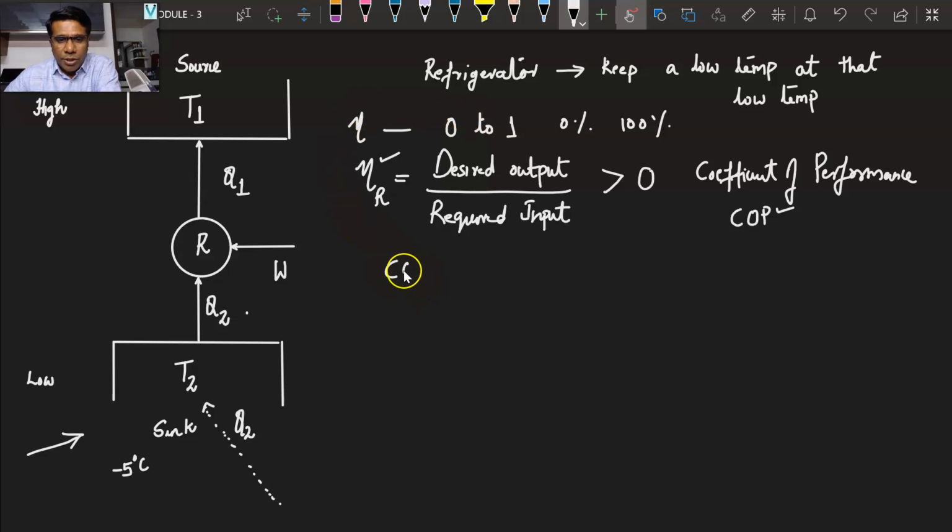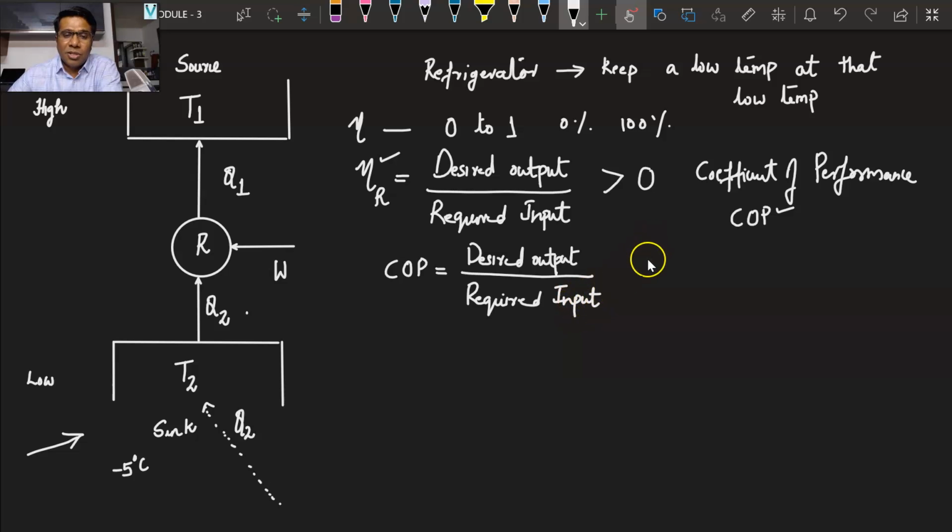The equation of COP is the same as efficiency, that is desired output by required input. Now this is an interview question. It can come in an interview where they ask you what is the difference between efficiency and COP. Effectively it is basically the same, but since efficiency has a maximum limit of 100%, and COP can go beyond 1, we use the term COP.